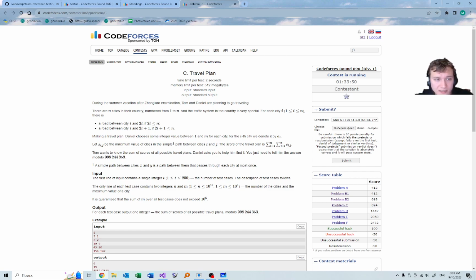Making a travel plan, Daniel chooses some integer value between y and m for each city, which is ai. Let Si be the maximum value of cities in the simple path between cities I and j.